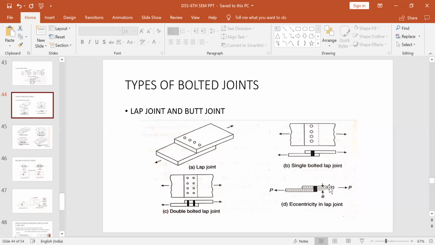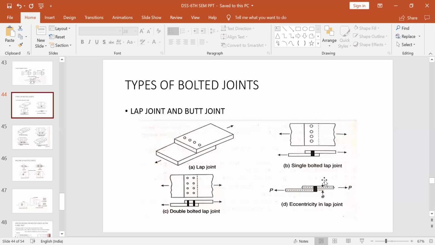The load in the lap joint has eccentricity, as the CG of the load in one member and the CG of the load in the second member are not in the same line. As you can see, for this member, the CG of the load is here, this dotted line. For this member, the CG of the load is here. So clearly these two loads are not in the same line of action. There is a distance between these two loads, which is the eccentricity.